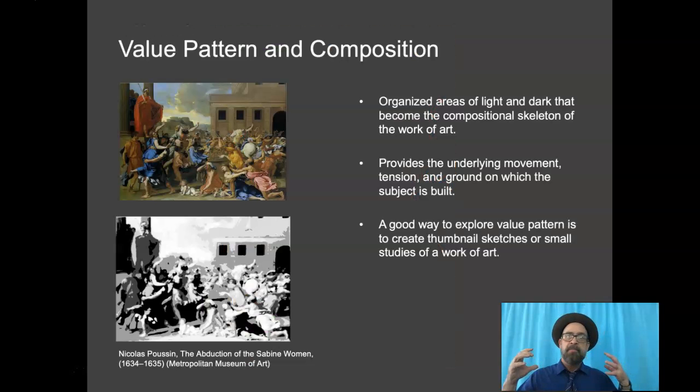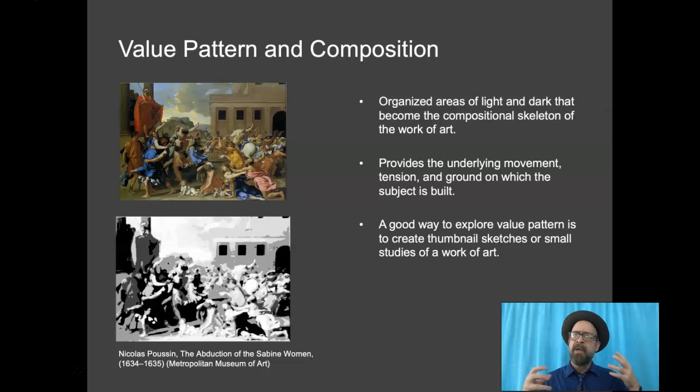Now, pattern, value pattern, so important for composition, right? When you strip away color from an image and you break those values down and really focus on where the highlights fall, where the shadows fall, you're really talking about using value to define shapes and how they're arranged in a composition.